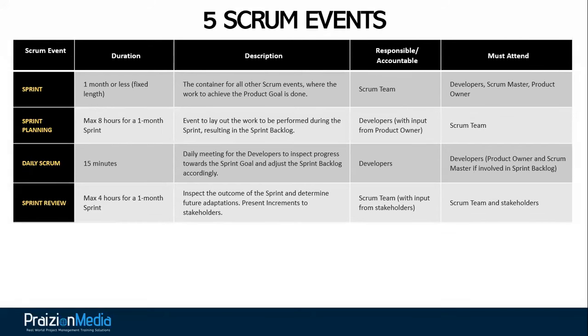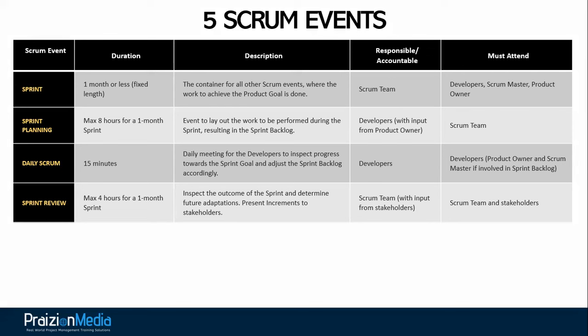All right. So who is responsible and who is accountable for the sprint review? Well, we've put this squarely on the Scrum team. We, of course, want input from stakeholders, but the general idea is the entire team is accountable for this. Now, when we take a look at the sprint review very closely, this is a great forum for the product owner to step up and invite others who may not be in the loop right now, especially if they are meant to be in the loop as stakeholders.